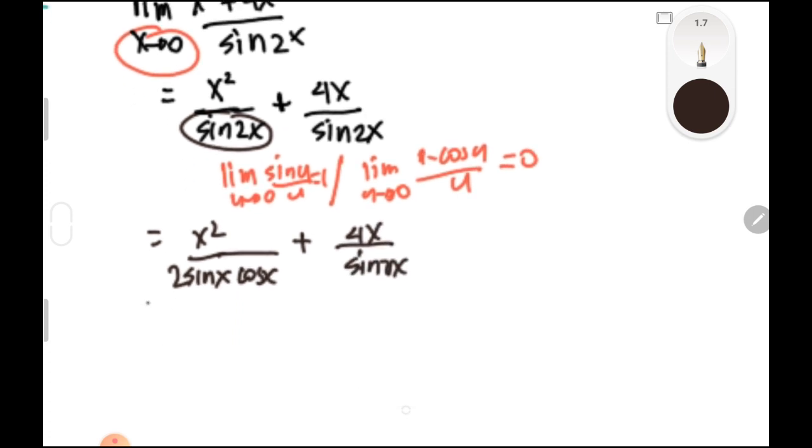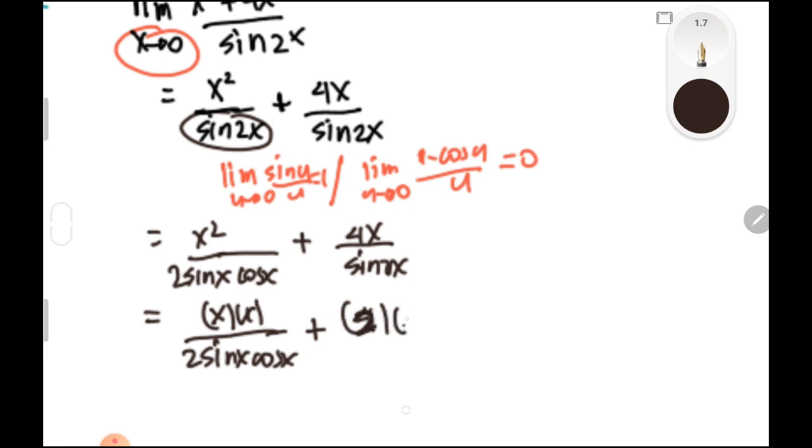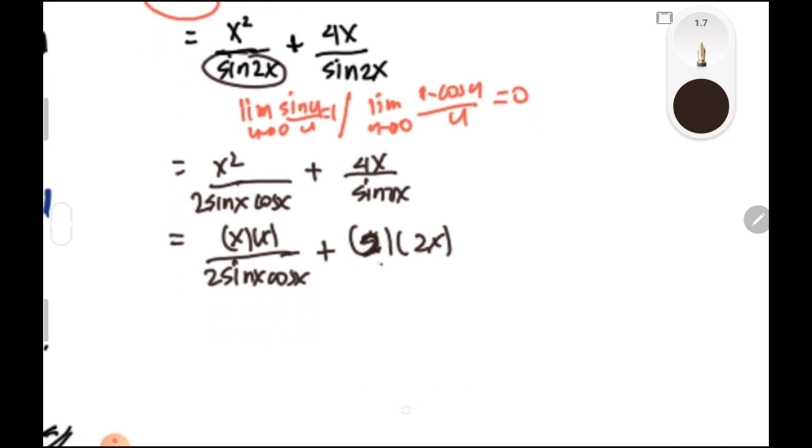So these limits can be manipulated into x multiplied by x divided by 2 sine x cosine x plus 2 multiplied by 2x, all over sine 2x, because of this value u.